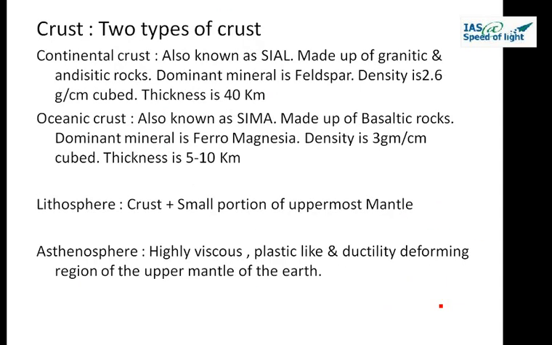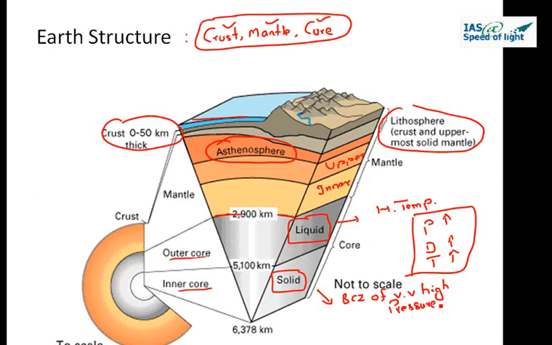Let us talk about the crust first, the uppermost part. If you remember this figure, the uppermost part is made up of two types of different crust. First is the oceanic crust, which is ocean, simple. Then we have continental crust, which is the continent over which we have different surface landforms like mountains, plateaus, plains, hills, everything, right?